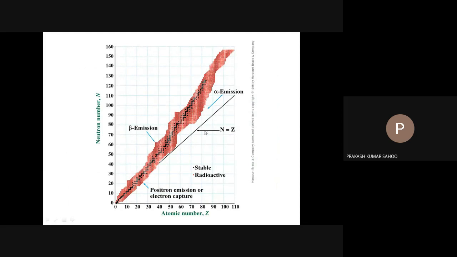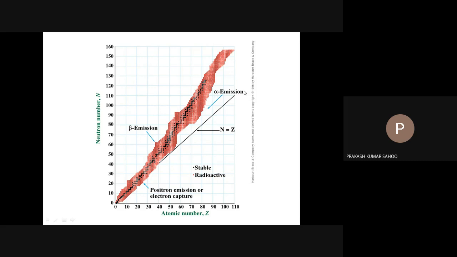And this is the same band of stability. We have N equal to Z here, that means it is 1 to 1. And when this ratio is increased up to 1.5 to 1, then we have some nuclei in this region, where the number of neutrons is around 85 and the atomic number, that is the number of protons, is around 85 or 83.